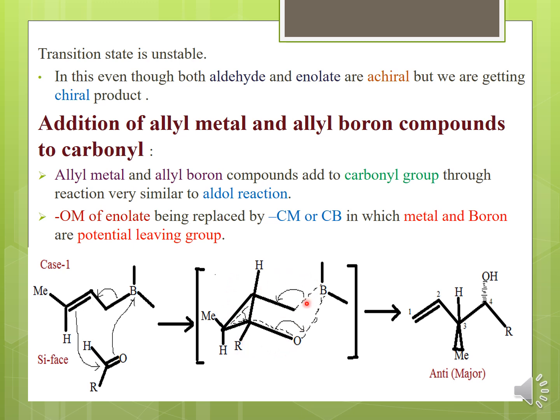Then this bond shifts, and meanwhile there is a shifting of this bond and this bond. So you will generate one anti product which is your major product. Remember, the Si face of an aldehyde will give you the major product whenever it is treated with allyl metal or boron compounds. Okay, then moving on to the next.